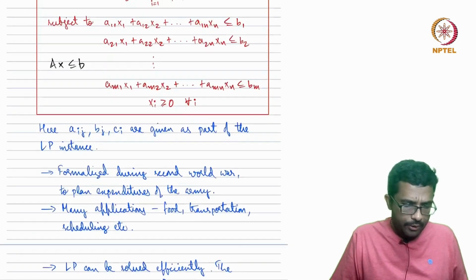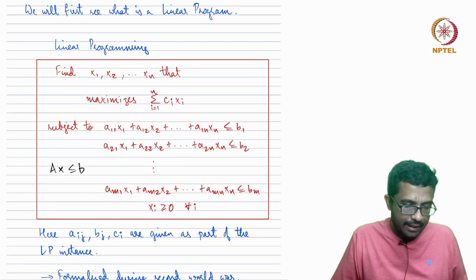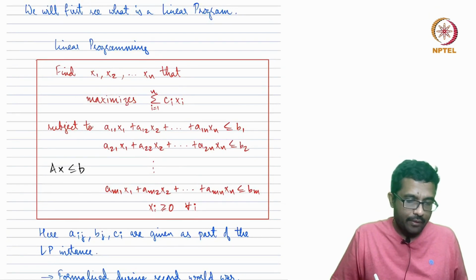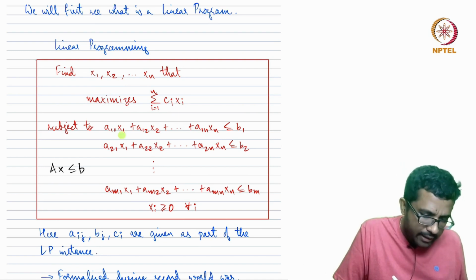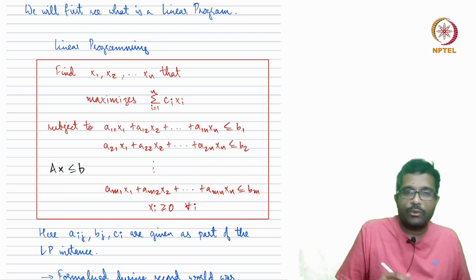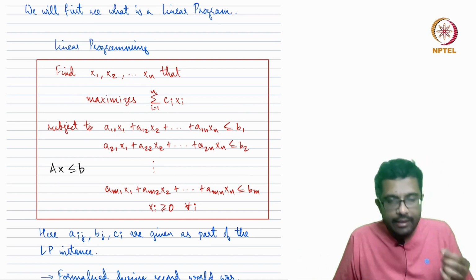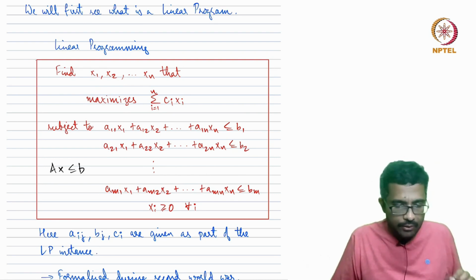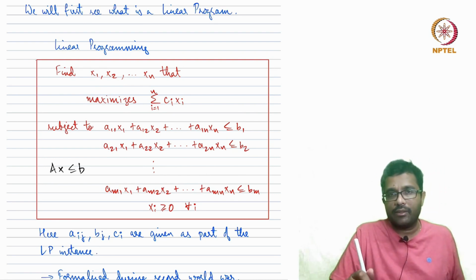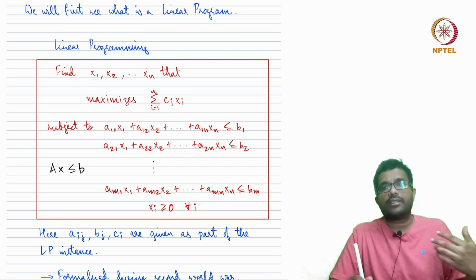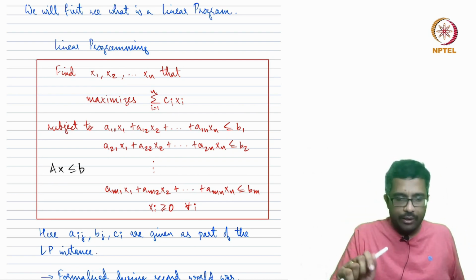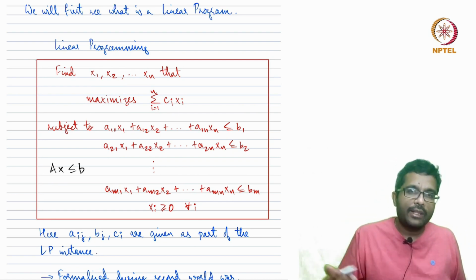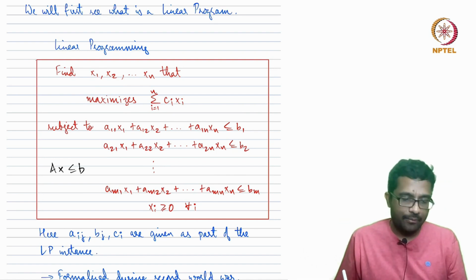Just to give you a small flavor, in the case of a linear program, let's say some constraint is not met, then we can gradually increase x1, or gradually increase x2 so that the condition is met, or gradually decrease x1 or x2 so that the condition is met, right? You can do a lot of fine tuning because there is no requirement that these xi's are integers.